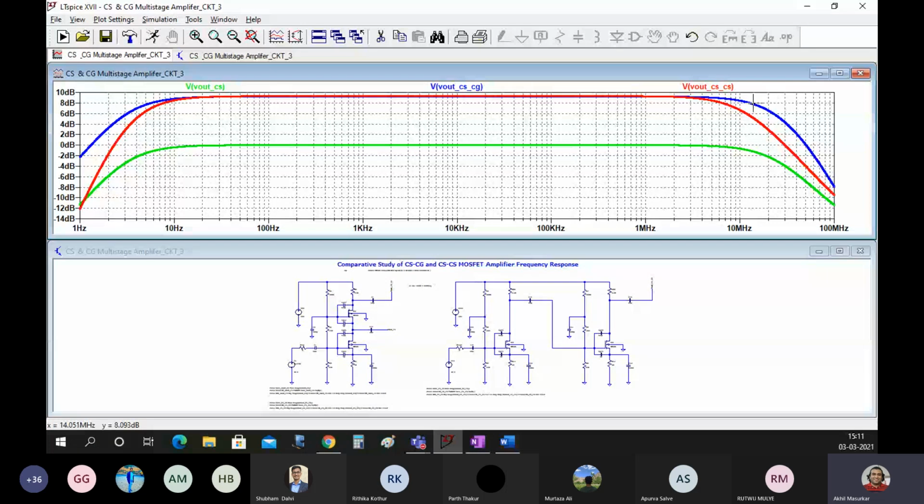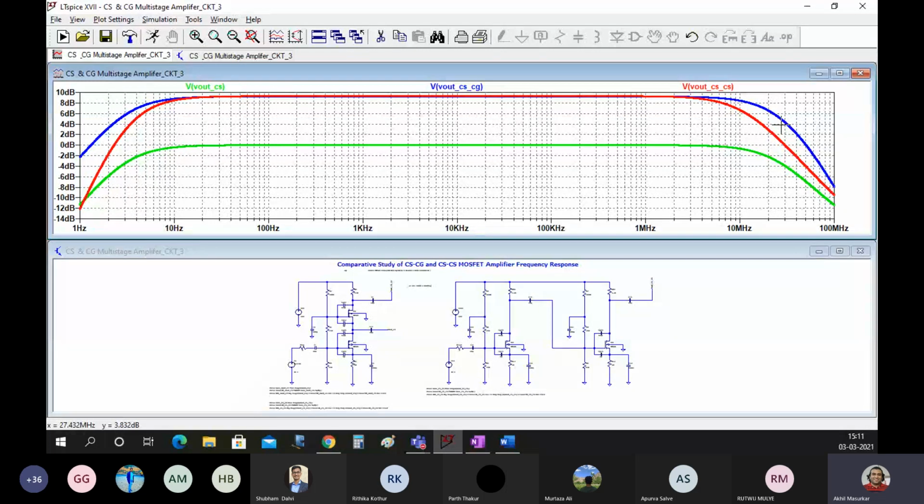So what is the conclusion here? You can see that the blue line goes beyond red. That means the bandwidth of the blue is more than the bandwidth of the red. The bandwidth of CS-CG is more compared to the bandwidth of CS-CS for the same values of gain.